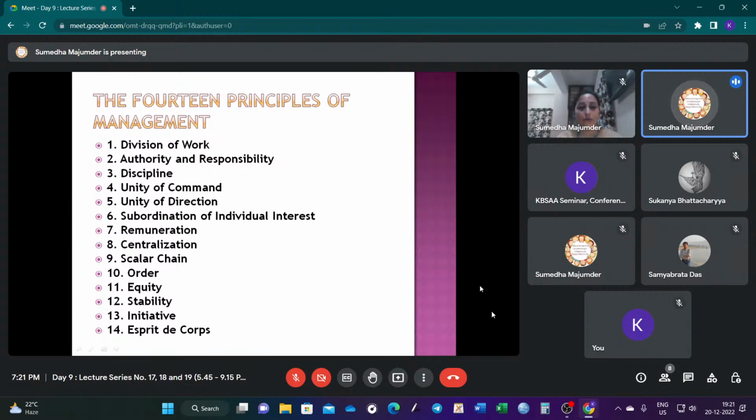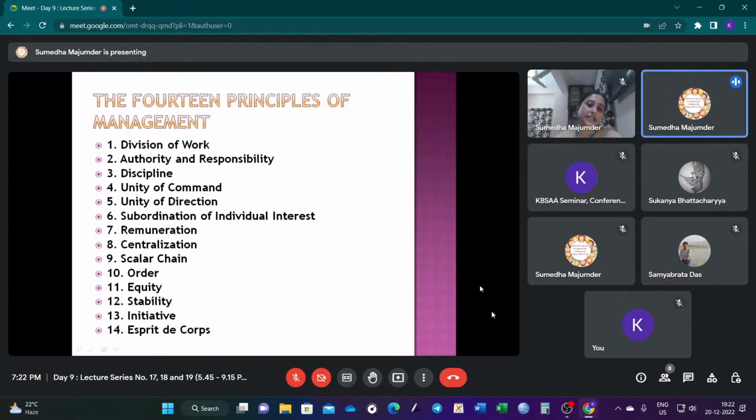Suppose if any worker is doing well, then definitely the business has to think about the betterment of that particular worker. Stability, that means the actual tenure of the worker's life in a particular area or in a particular job, is important.